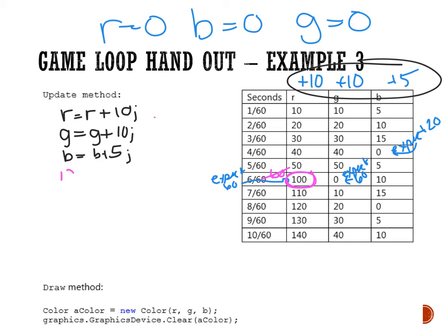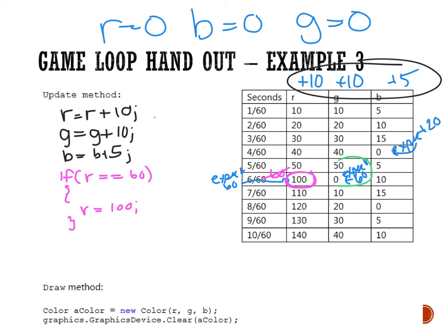So really what's happening is: if R is equal to 60, what I expected, then instead R is set equal to 100. After its incrementation from 50 to 60, it changed to 100.